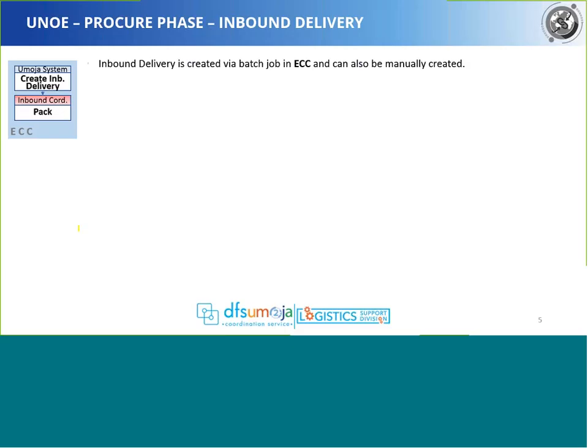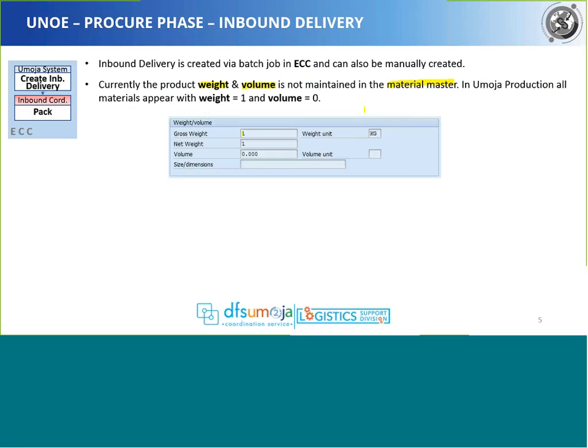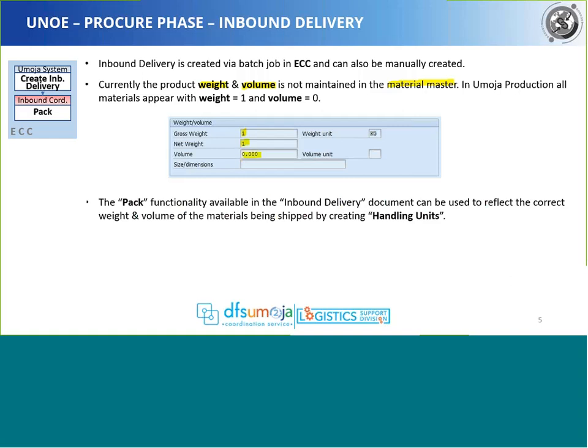Okay, so the inbound delivery is created in ECC, and then we'll use the pack to specify the weight and volume, because as of today, the material master doesn't have that information. In the material master, we only have default values, okay? So no volume, no weight.